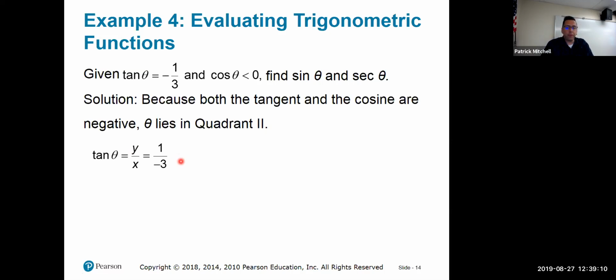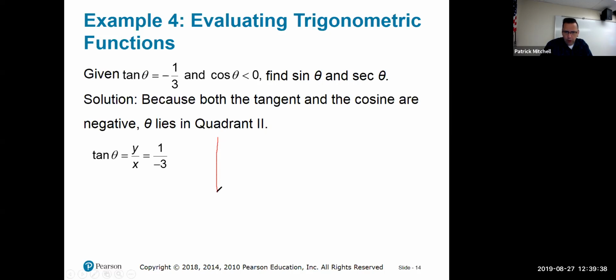Now, this is very important because they gave me -1/3. How do I know whether to put the negative sign on the 3 or the 1? Most of the time, if you're just doing algebra, it does not matter. But in this case, it really does matter.